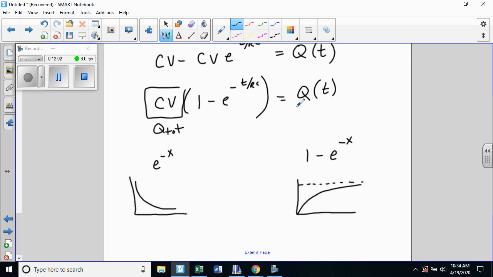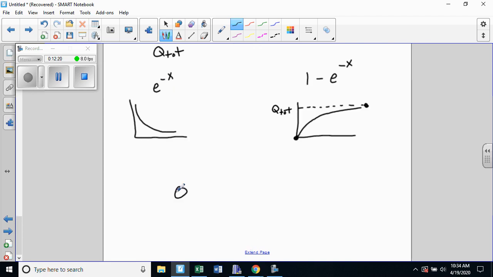So it makes sense that the charge as a function of time is approaching Q total. Okay, so this is what we expected: at t equals 0, the charge should be 0. At t equals infinity, the charge should be CV. So we can say charge as a function of time is equal to the total charge times 1 minus e to the minus t over RC.